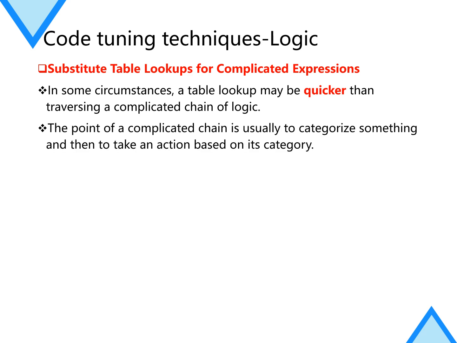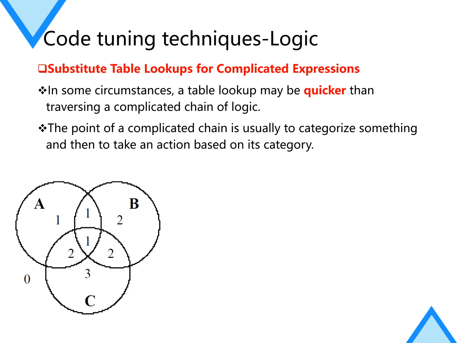The point of complicated logic is usually to categorize something and then to take an action based on some category. So we can also categorize something using a lookup table.